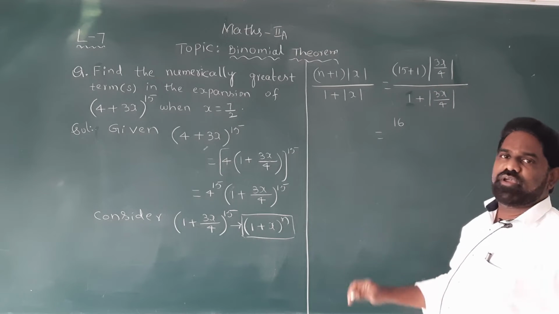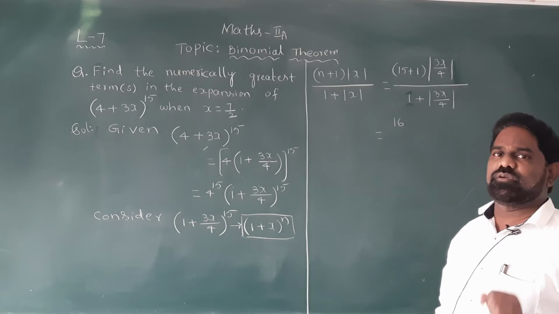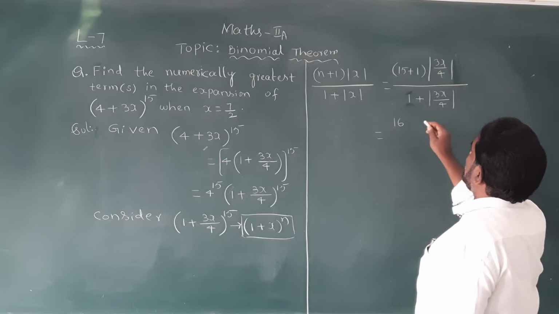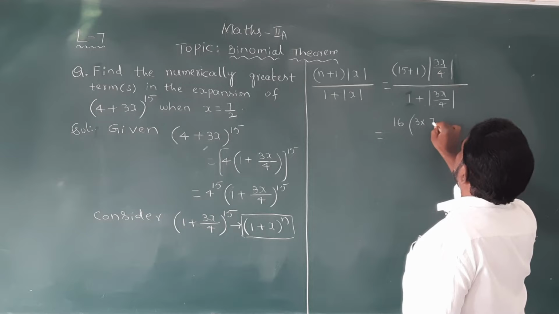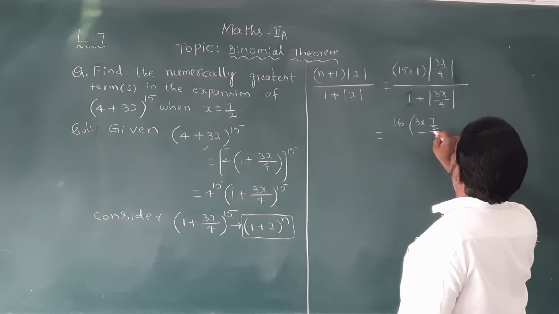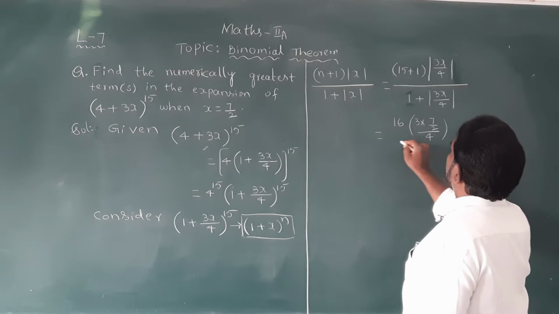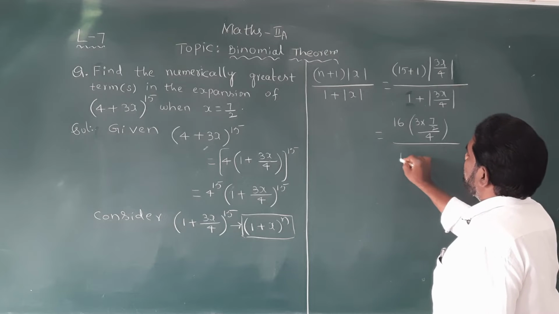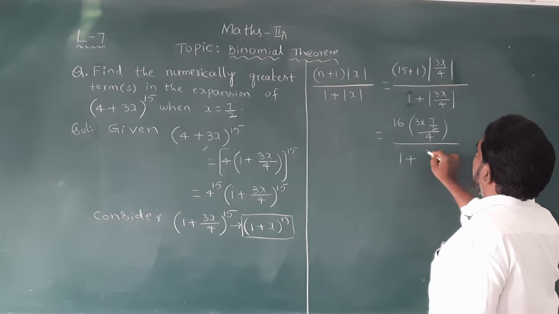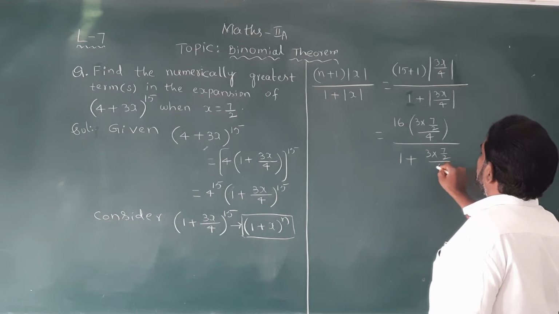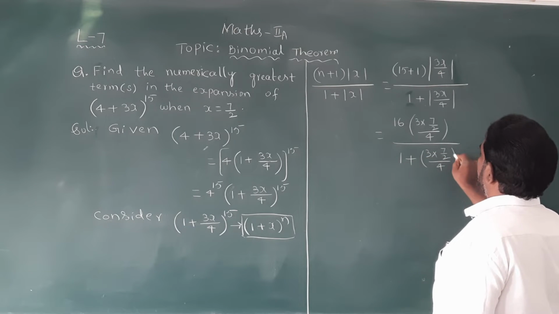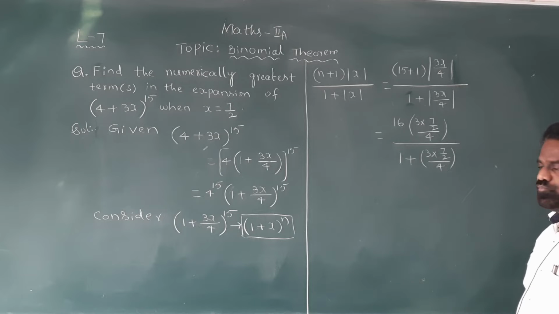Put here 15 plus 1, 16. This 3x by 4 term is already positive, so no need to take modulus. So this can be 3 into the x value, 7 by 2, whole by 4, by 1 plus 3 into the x value 7 by 2, whole by 4. Understand?